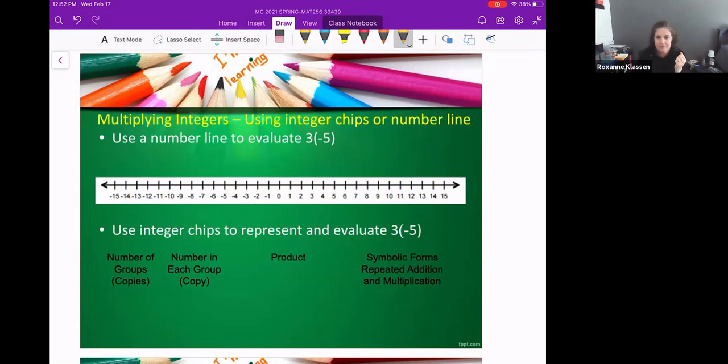Okay, are we ready now? We good? Who would like to share their idea here? How many groups? How many in each group? What would it look like? What do you got?